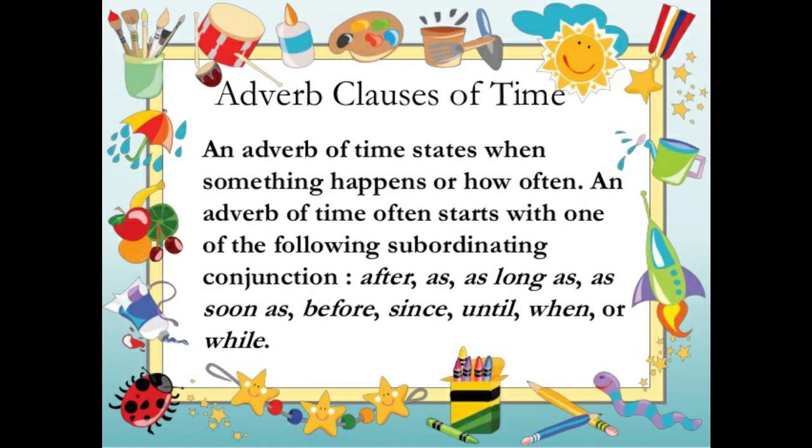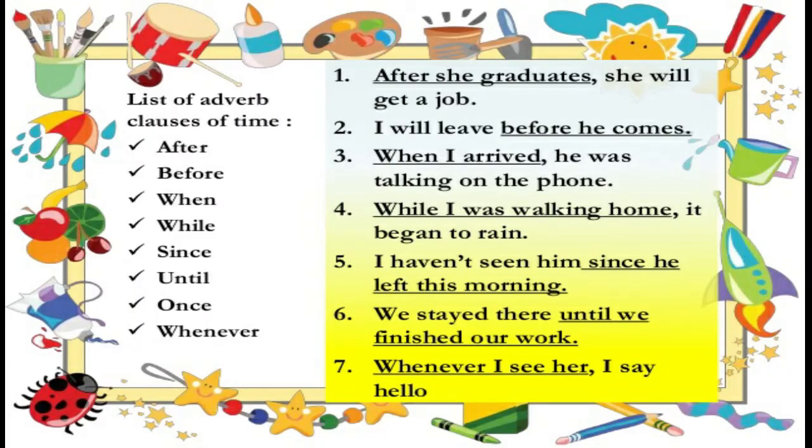So you can easily make out that a subordinate clause beginning with such conjunctions is an adverb clause of time. They indicate time. Here is a list of adverb clauses of time: after, before, when, while, since, until, once, whenever.